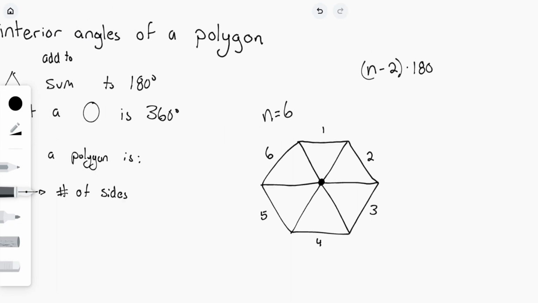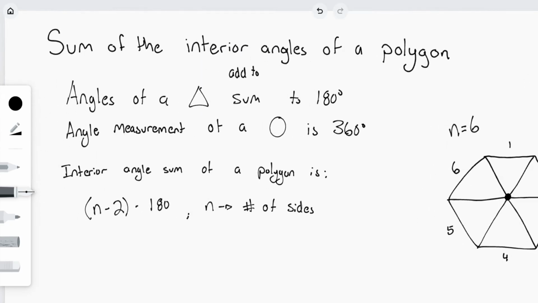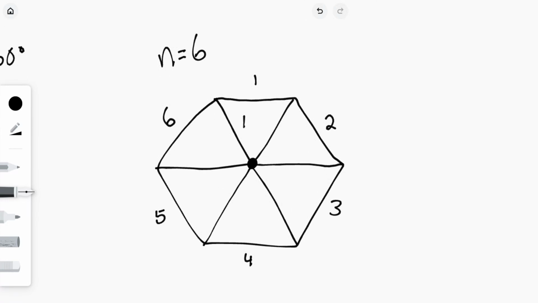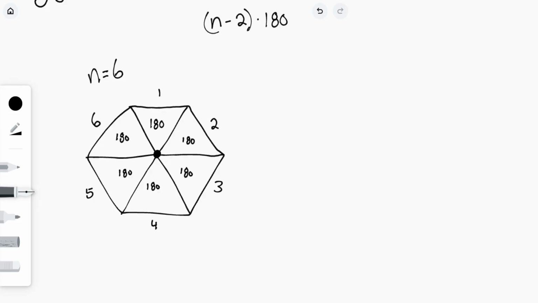Okay, one of the pieces we talked about when we started, the angles of a triangle sum to 180 degrees. In my picture over here, each of these triangles has an angle sum of 180 degrees. All of them. So I'm going to write 180 in all of these. How do I represent that mathematically?